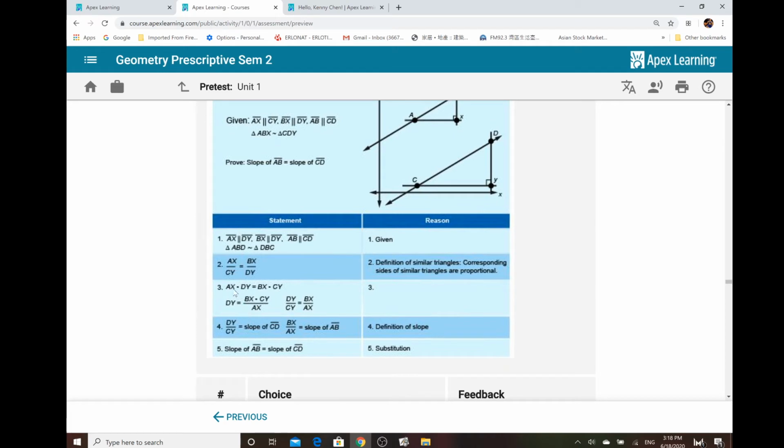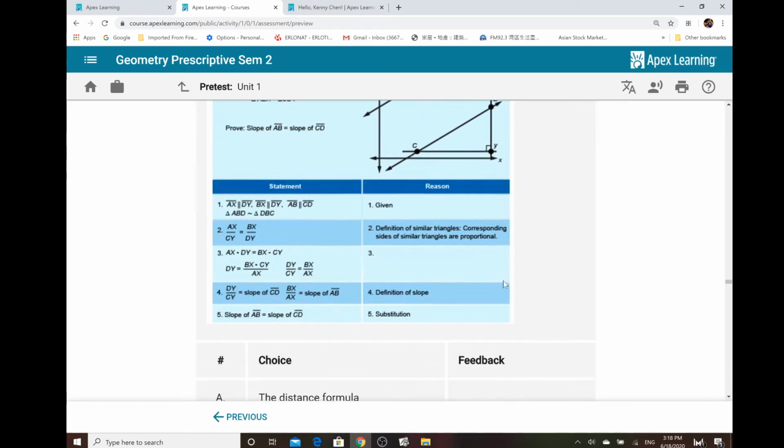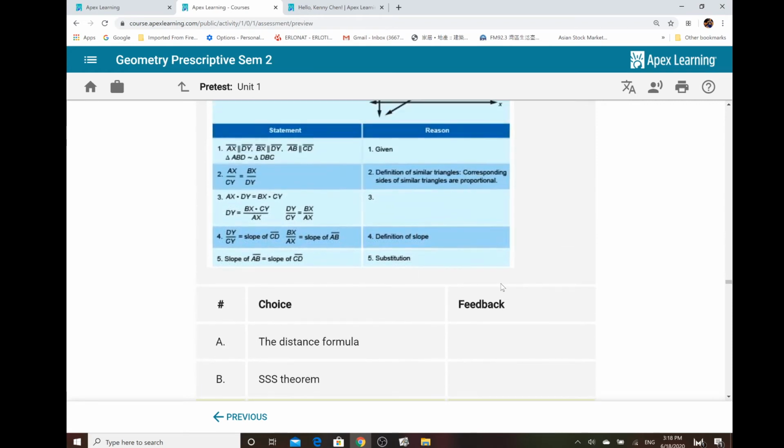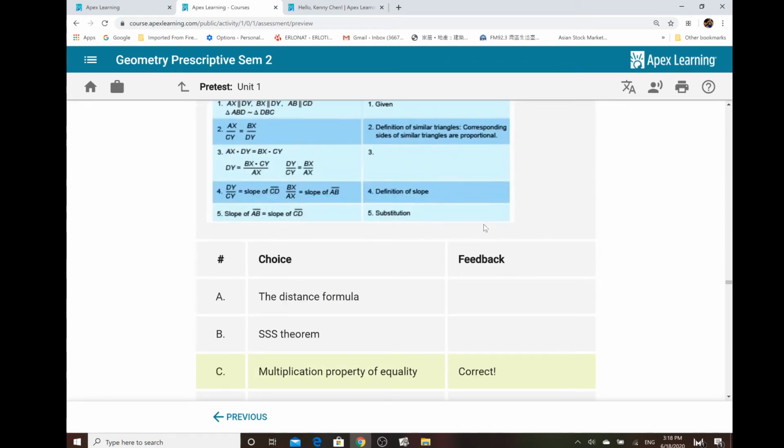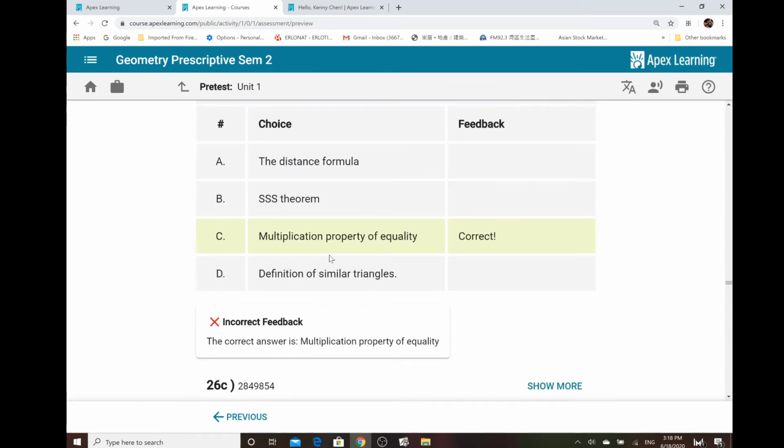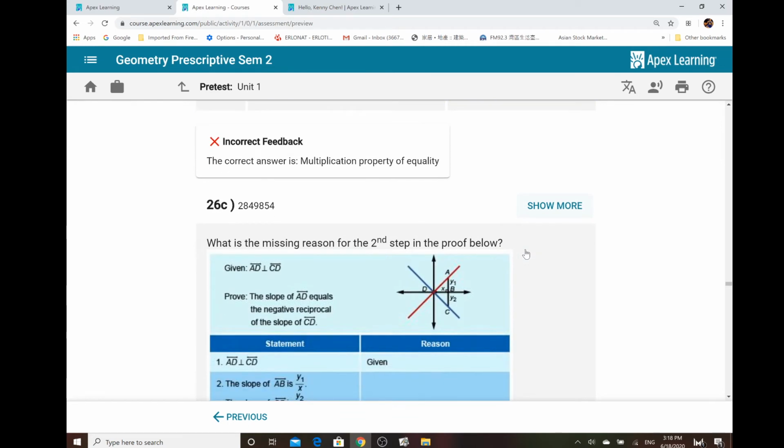So segment AX times DY equals segment BX times CY. And then try to simplify that. It shows a ratios property here, and looks like something that can be simplified a little bit more. So this one is showing that proportionality relationship. Since you're multiplying by something, it would be considered multiplication property of equality. So the reason would be multiplication property of equality.